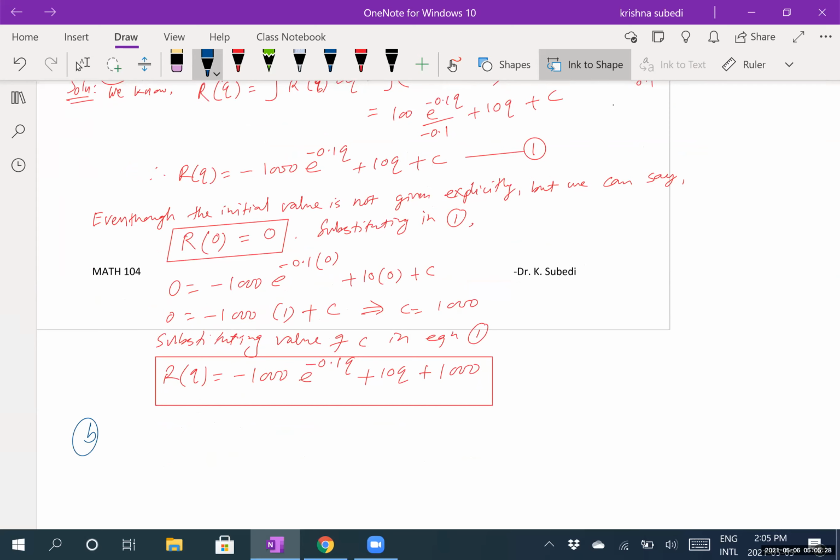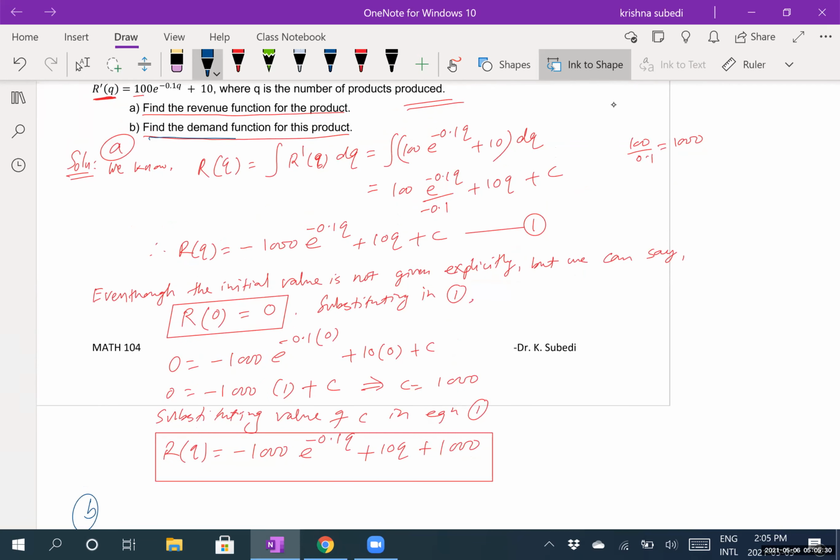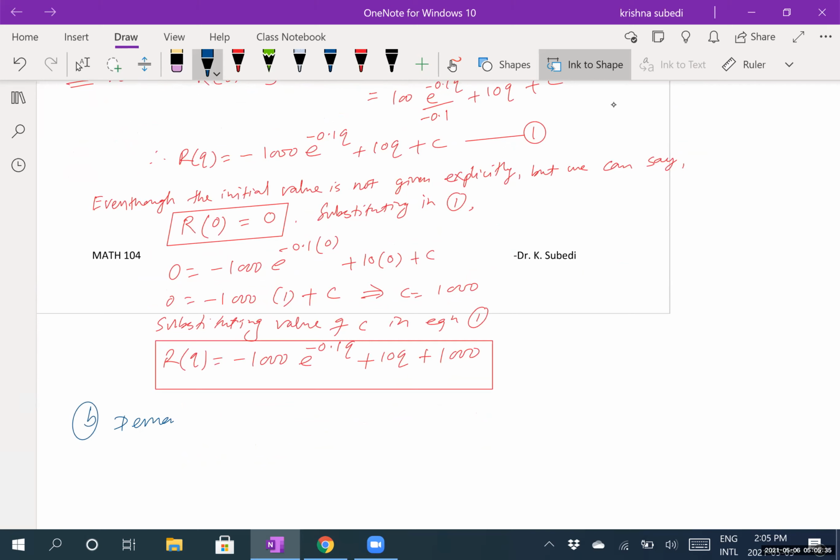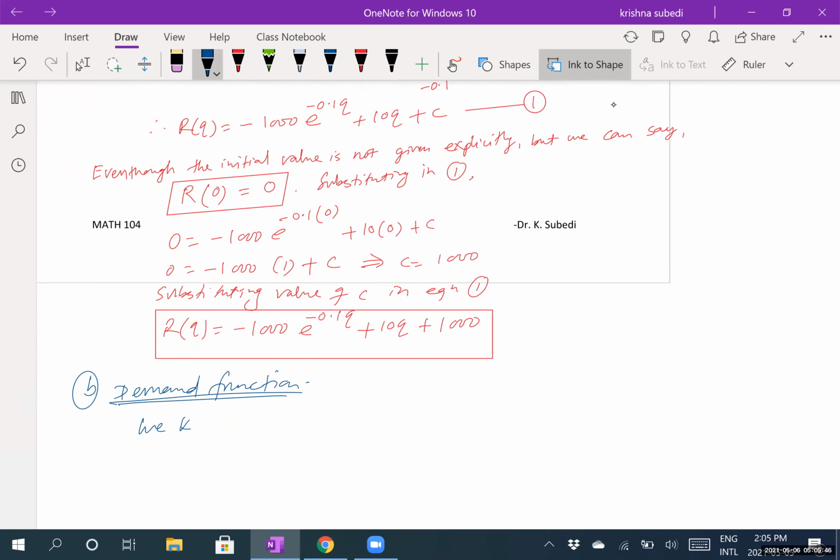So in part B, what we want to do is find the demand function for this product. Demand function. What is this demand function? Well, we know that price times quantity equals revenue, right? We know this.